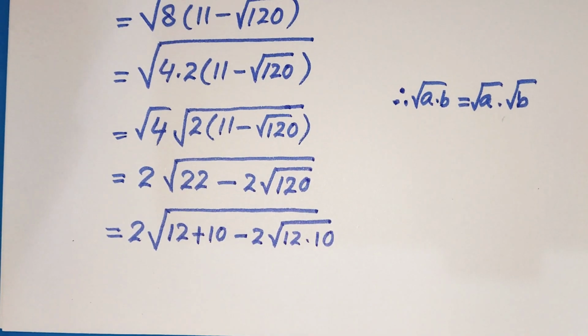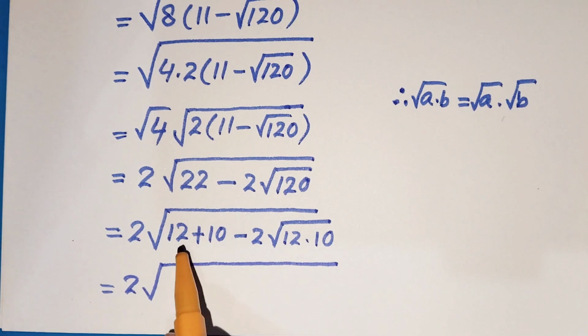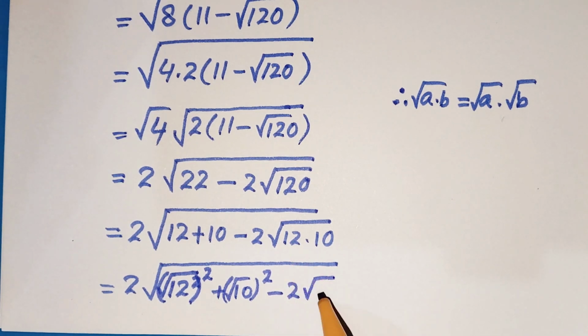So our next step is 2 times the square root of 12 whole square, and similarly 10 whole square, minus 2 times the square root of 12 times the square root of 10.